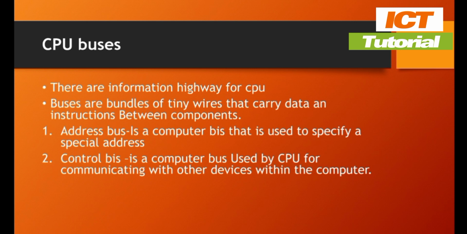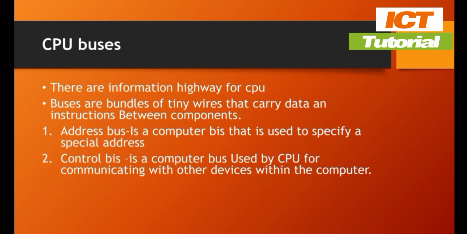So it's the same as we have checked on the CPU: we say the CPU contains the control unit, the arithmetic logic unit, registers, and the buses. In the registers, we have to check the different registers. Now on the CPU buses, we have the address bus and the control bus. The control bus is used for communicating with other devices within the computer.